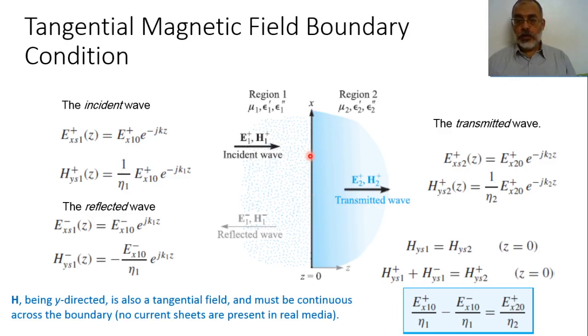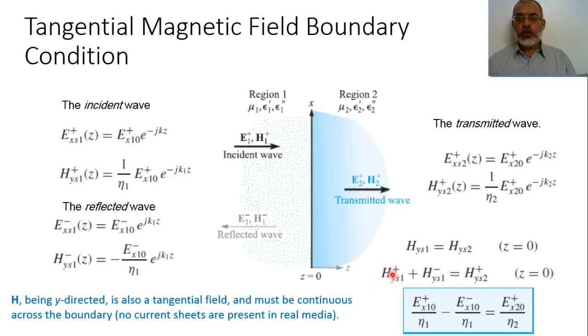Alright. So the total tangential magnetic field at region 1 is Hys1+, which is the incident, plus Hys1-, which is the reflected, equal to the transmitted in region 2, which is Hys2+. And the magnetic fields of the incident, reflected, and transmitted waves are related to the electric field by the intrinsic impedance as follows.